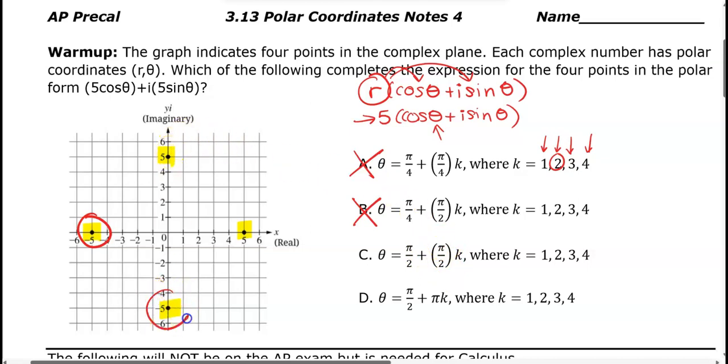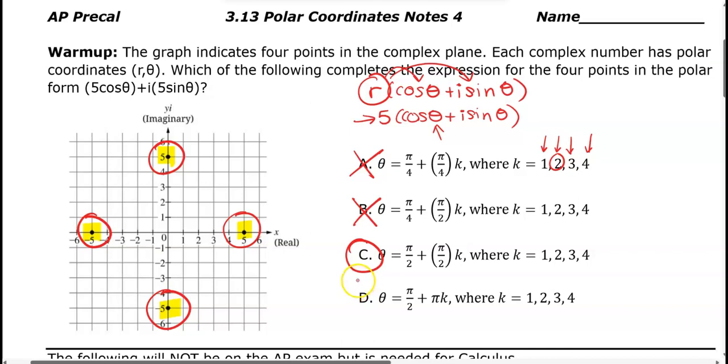That's going to get me here. So far this is working. If I put 3 in for k, that would be pi over 2 plus 3 pi over 2, which gets me right here. And then pi over 2 plus 4 pi over 2, so that's pi over 2 plus 2 pi. Well, that's right here. So C, that's our answer on this one.